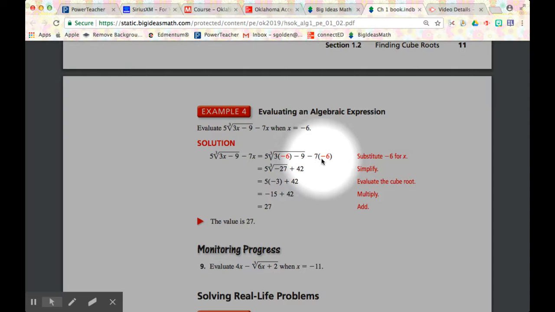Negative times negative is positive, so they got plus 42. I probably would have done that later on, but it's okay because it's on the outside of that. So the cube root of negative 27 is negative 3. Then we have 5 times negative 3 plus 42. 5 times negative 3 is negative 15, plus 42 is 27. So these take several steps to solve, but you're just having to compute and use your order of operations.